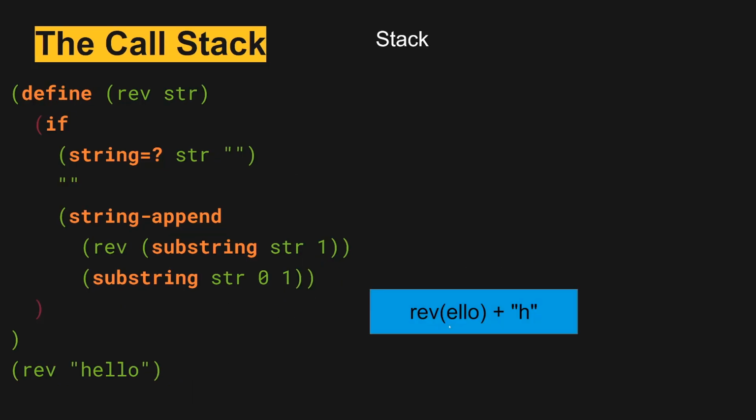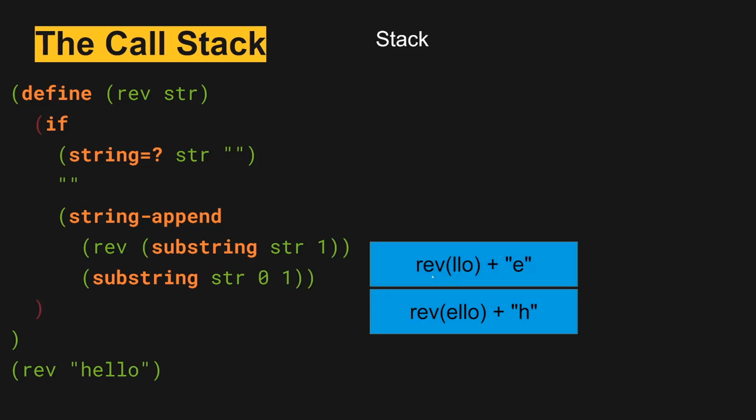So on this first call, we have rev of ELLO. That's the substring starting from index 1, which would be the second character, ELLO, and then it adds to the end of whatever string is coming back the H.